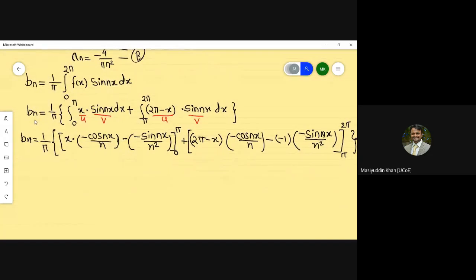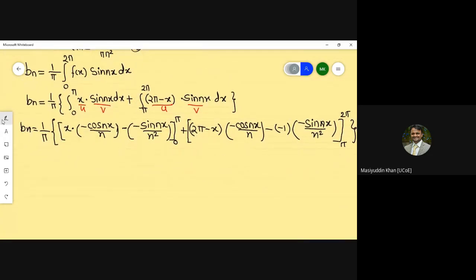So while putting the upper limit minus lower limit, you will get b_n is equal to 1 by pi.